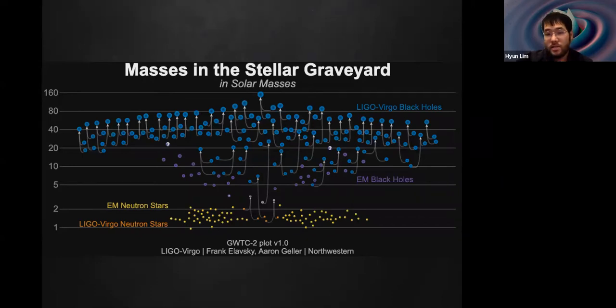So O1 has the two gravitational waves from black hole mergers, and O2 has the 9 gravitational wave observations from black hole mergers and 1 neutron star merger. And then O3A has the 39 gravitational wave observations from black holes and neutron stars. So in total, we have 50 gravitational wave observations now.